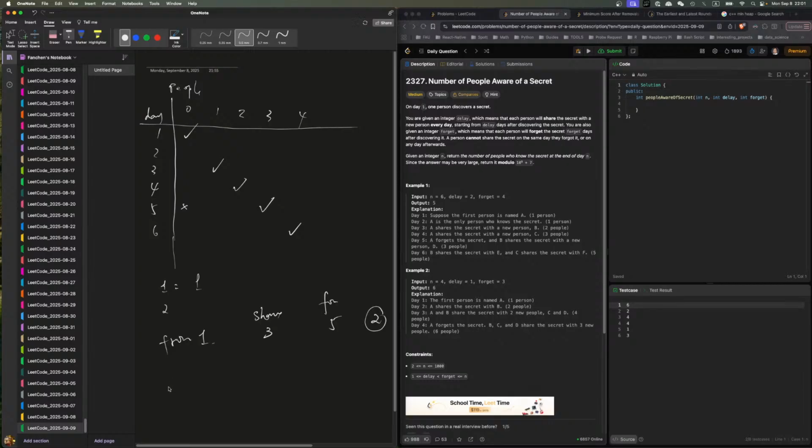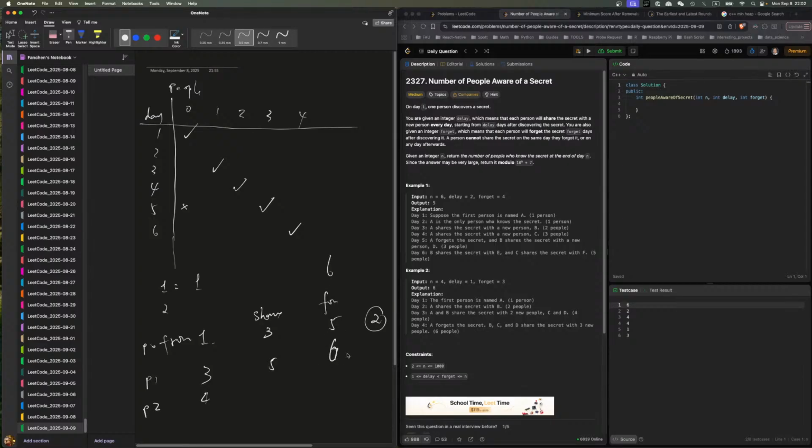For these 2 people, I need to know from when they start. So this is person 0. P1 will start from day 3, and P2 will start from day 4. If it starts at 3, it will start sharing at 5 and stop at 7, which is already outside, so we don't consider it because the max is 6.